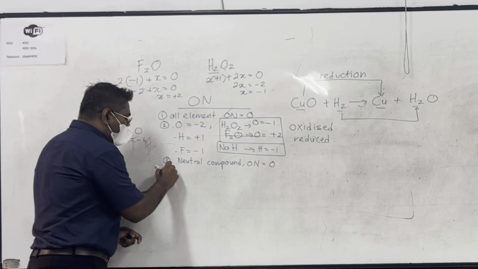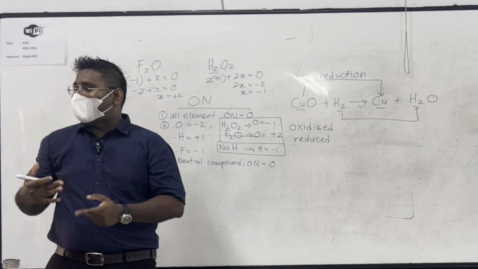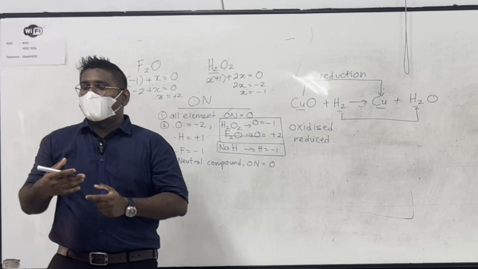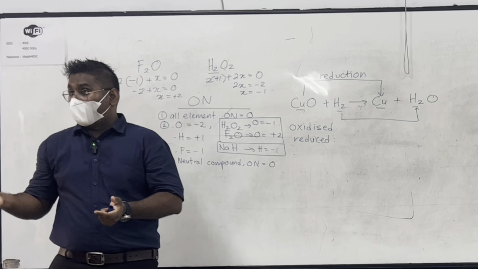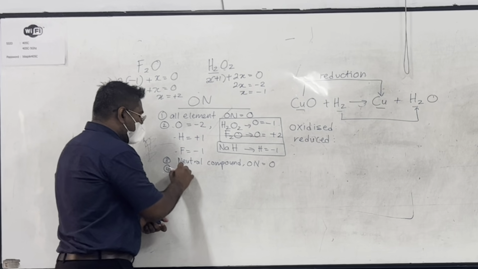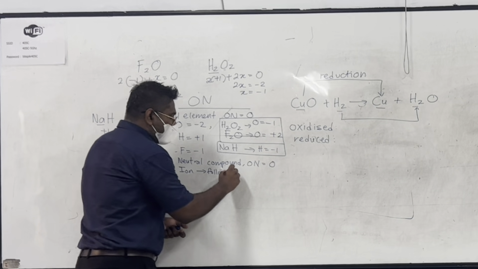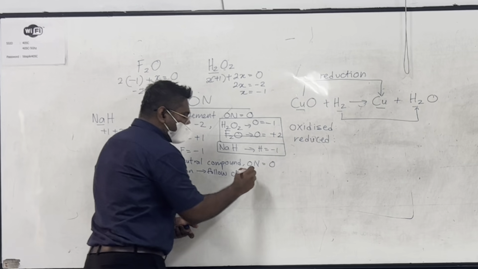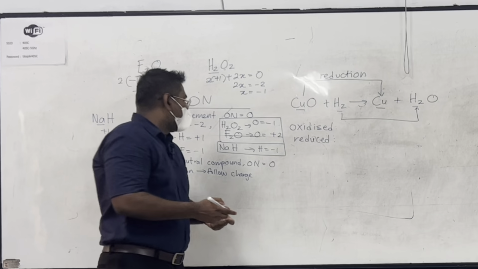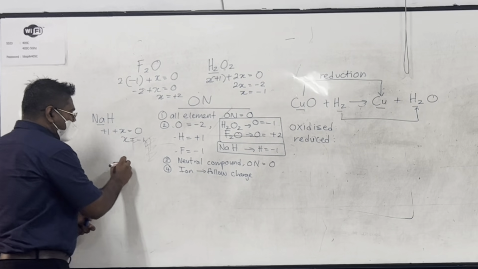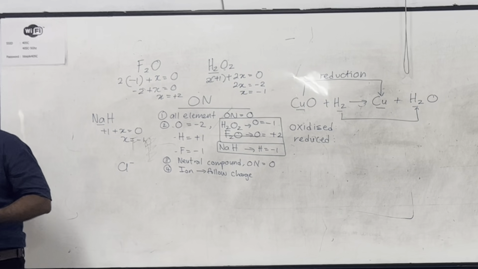Number 4, if we are talking about ions, then the ion will follow the charge. Let it be a single ion, let it be a complex ion. So ions will follow the charge. Some examples of ions that follow charge: as simple as Cl minus, the oxidation number is -1.